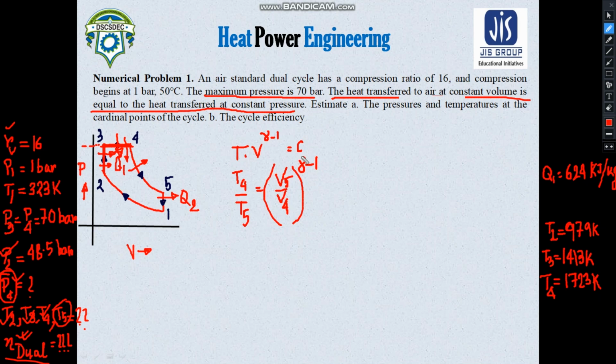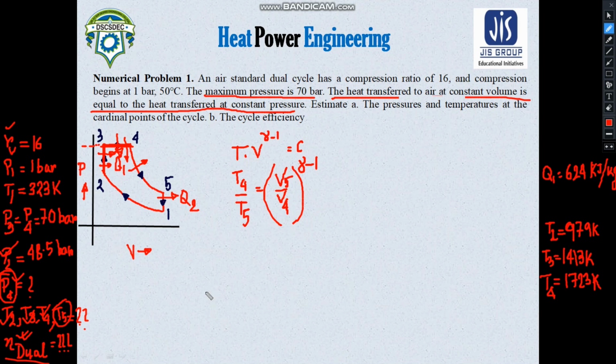Now the question is, do we know the value of V5 or V4? No, we don't know. We know the value of T4, right? It was found as 1723 Kelvin. So we need to first find out the value of V5 by V4.